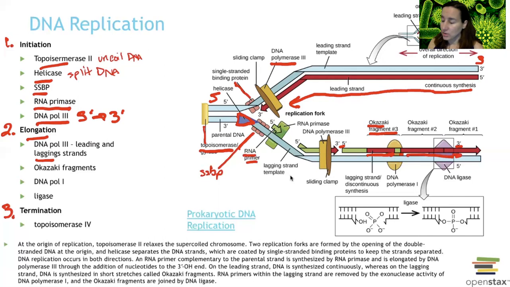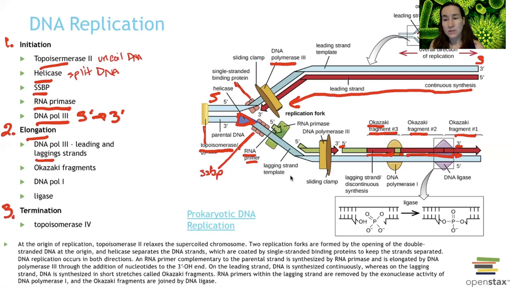So it has to lay it in chunks. Here's one fragment, here's another fragment, here's another fragment, because again, this stuff is running in the opposite direction, and so DNA pol 3 can only lay down in 5 to 3. Test question, only lay down 5 to 3.